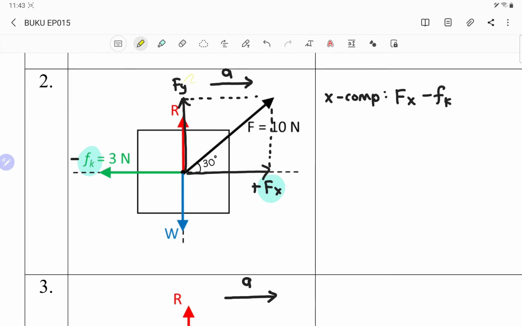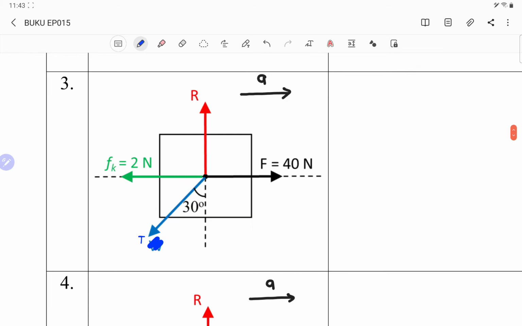Then along Y axis we have Fy. Then we have W. So the equation for the y component adalah Fy ke atas positif minus W. So in our equation, F yang tengah-tengah ni kita dah tak pakai sebab kita dah resolvekan dia kepada X and Y component.